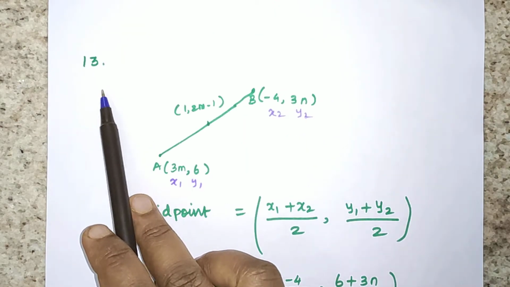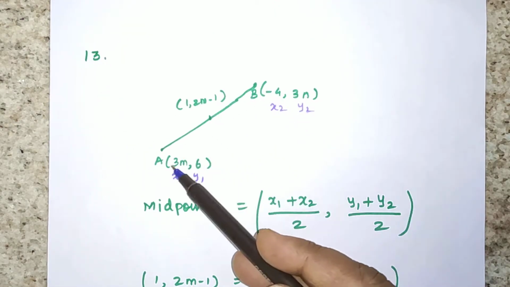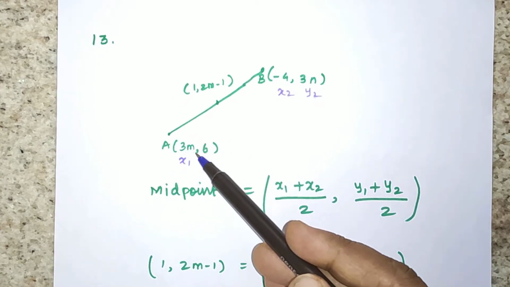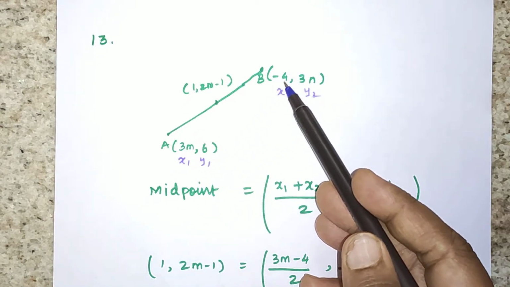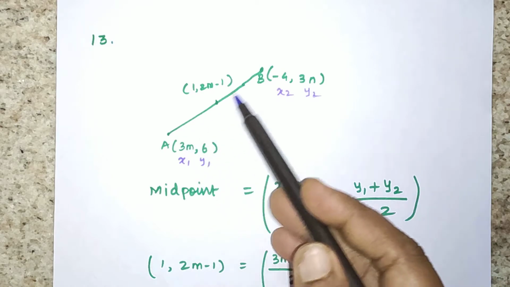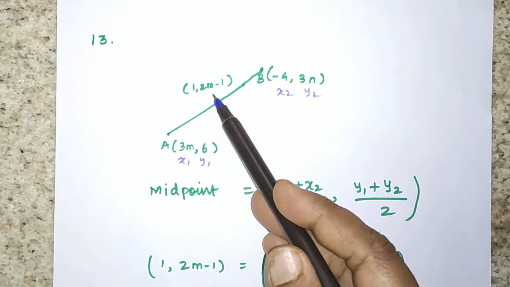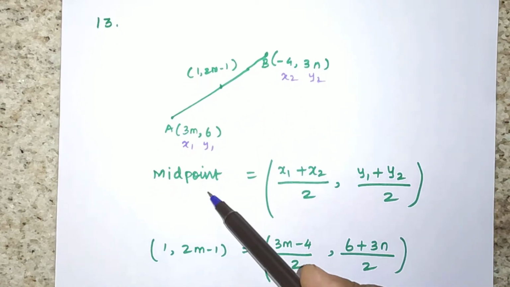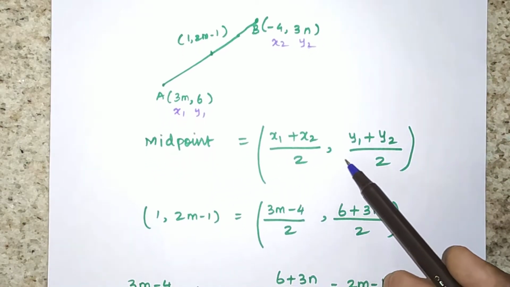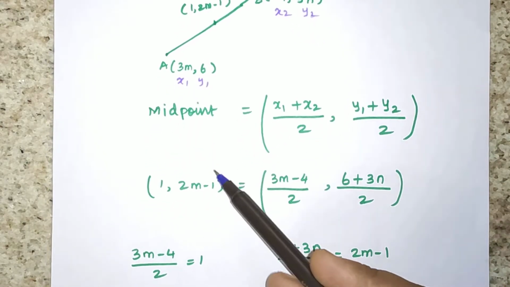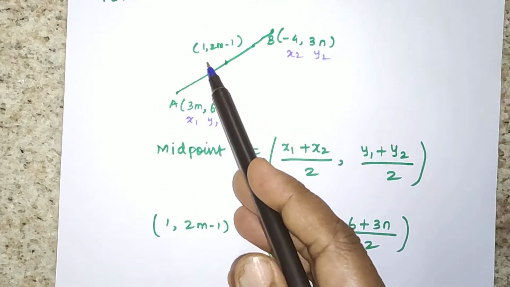Next example 13. In this diagram they gave A coordinate 3m comma 6 and B coordinate minus 4 comma 3n. The midpoint of this line segment is 1 comma 2m minus 1. So midpoint formula: (x1 plus x2)/2 comma (y1 plus y2)/2. In place of midpoint we can substitute the midpoint value.